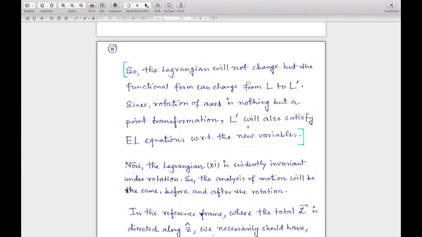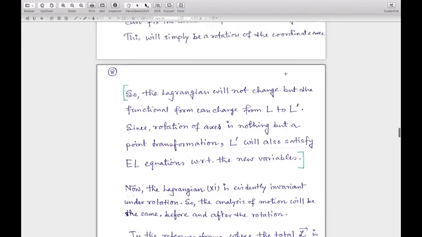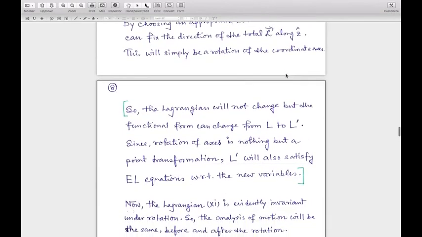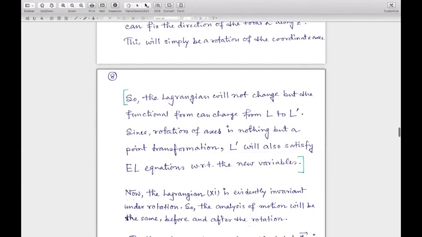Before coming to that point, let me mention that the Lagrangian will not change by value, that's for sure true, because we are always writing the same terms. But the functional form can change from L to L prime.